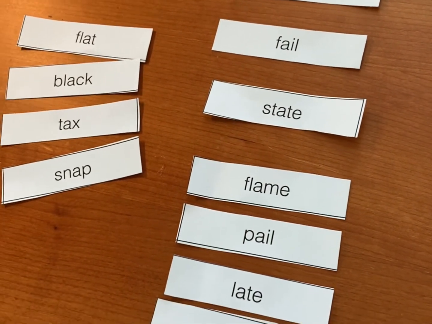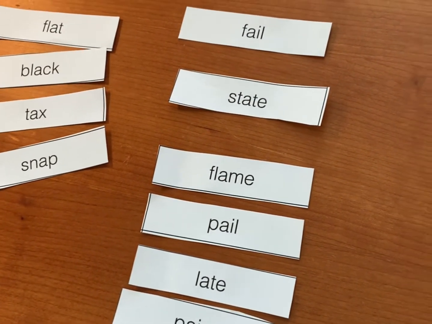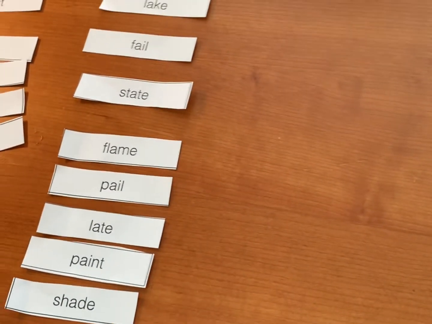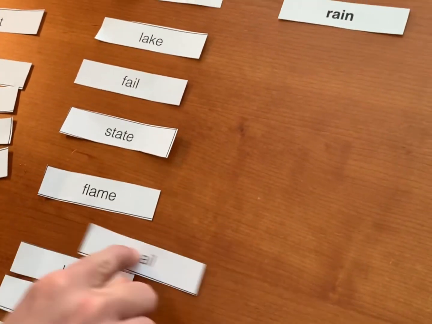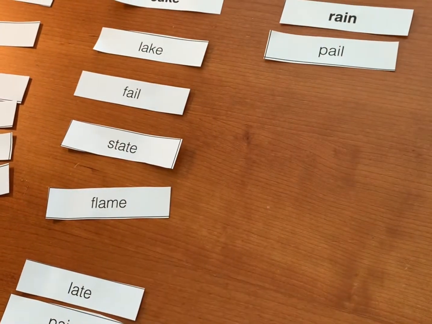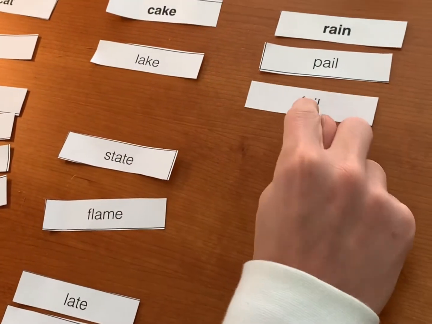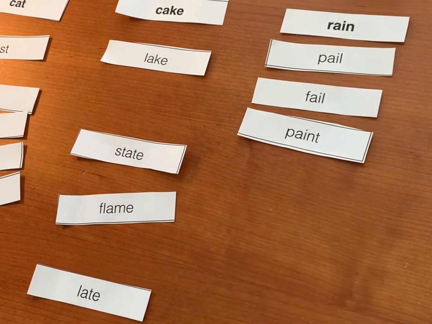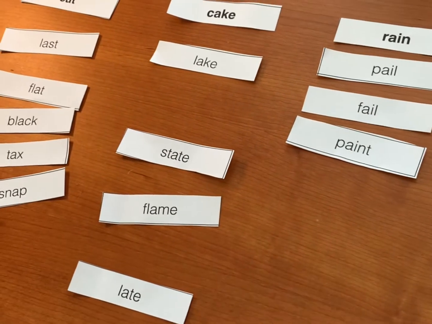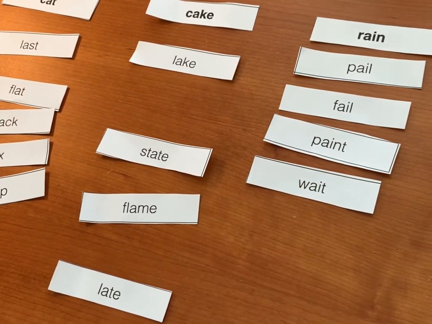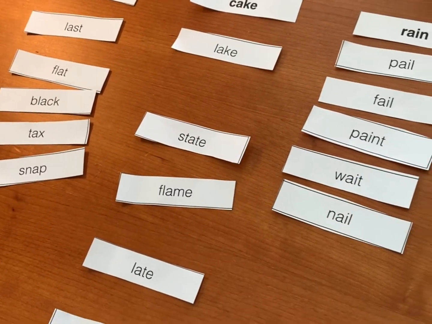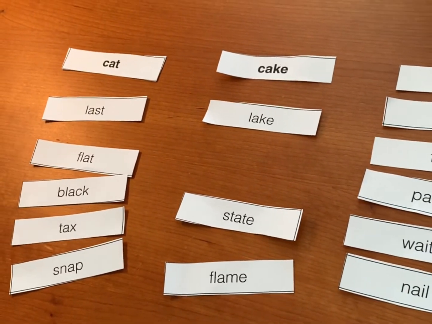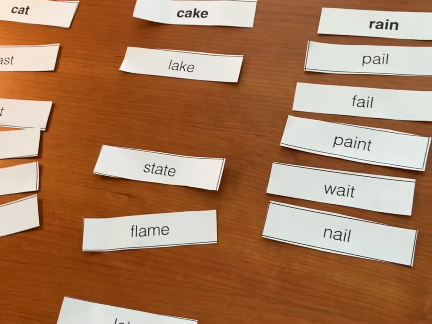So if I give you another header, rain, what would you move into that pile? Pale. Fail. Paint. Weight. Nail. Great.